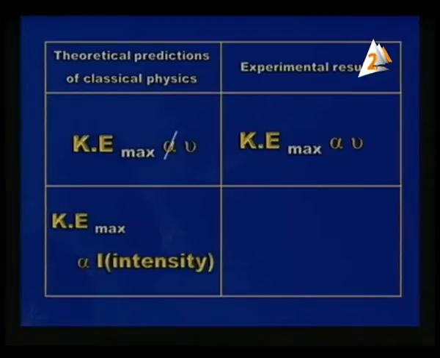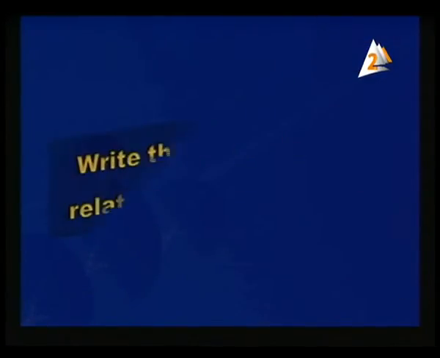They expected the maximum kinetic energy to depend on intensity, but actually it doesn't depend on intensity. So we've got a wonderful comparison between the theoretical predictions and the experimental results.